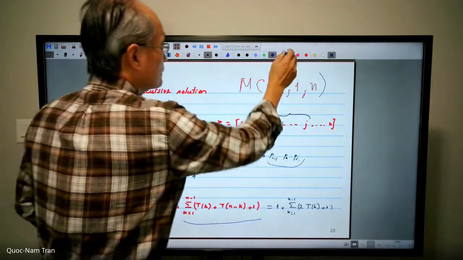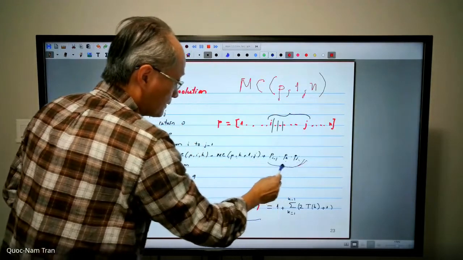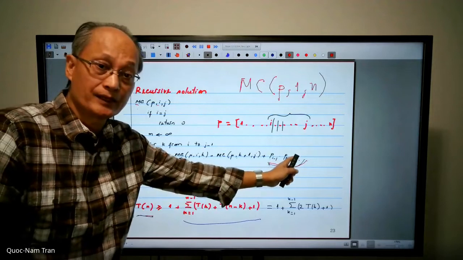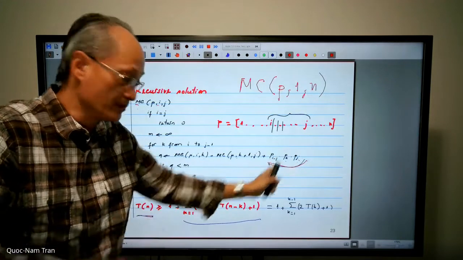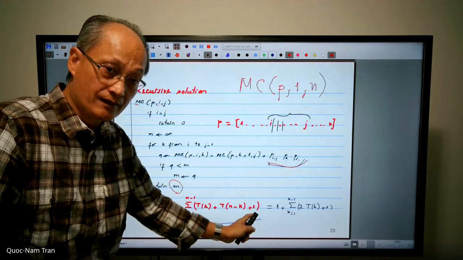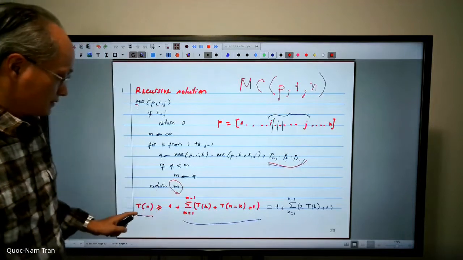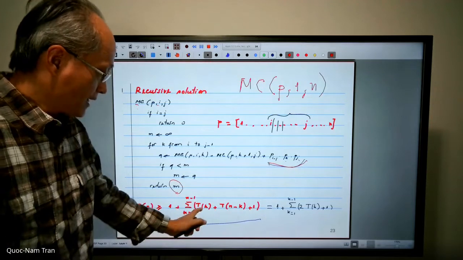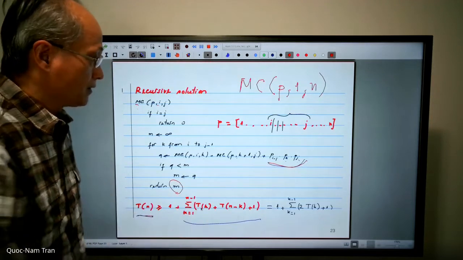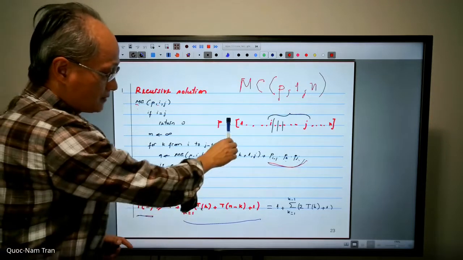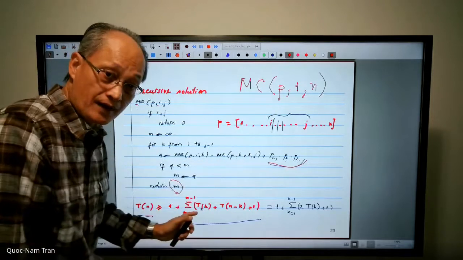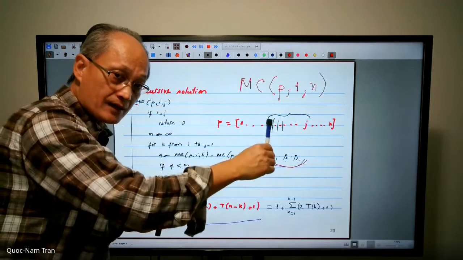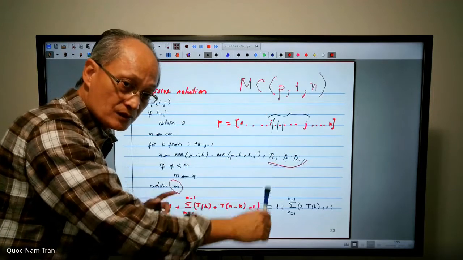Here we have 3 multiplications of the elements, meaning it's a bigger cost. So Tn is here. When k goes from 1, we have T1, T2, T3, T4, T5, and at the same time the rest will have n minus 1, n minus 2, down to 1.